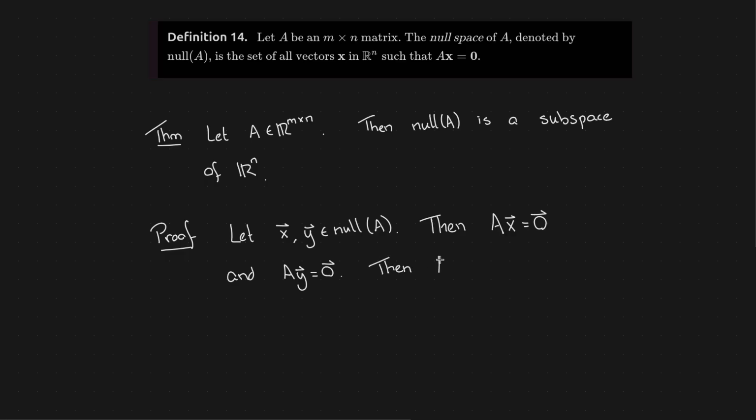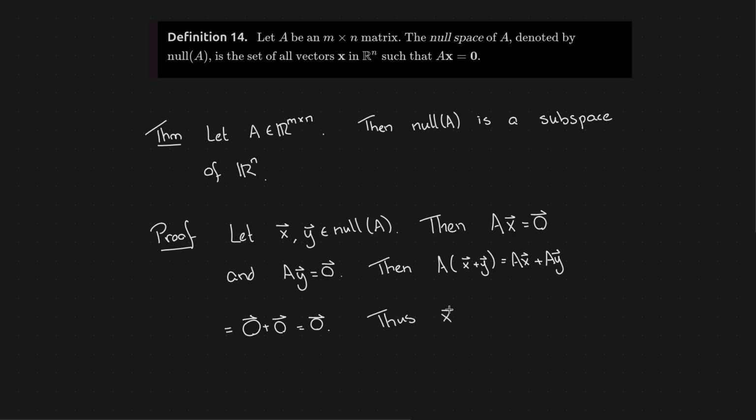Then what we want to do is show that if we take x plus y, it's also in the null space, which means A times the sum would also be equal to 0. If I distribute the A, I get A times x plus A times y, which is Ax equals 0 and Ay equals 0, so I get 0 plus 0, which is 0.